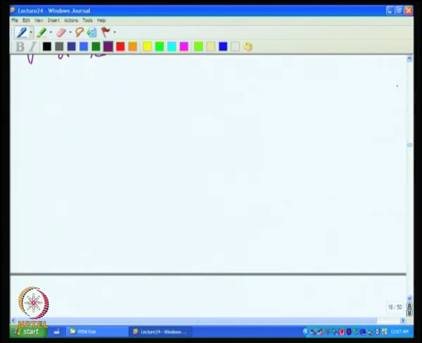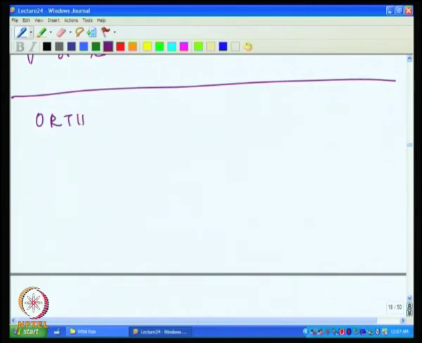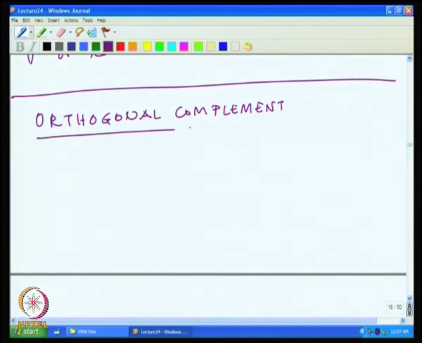We now introduce an important concept called orthogonal complement, and we will see how we use these ideas of extending an orthonormal set to an orthonormal basis. This idea of orthogonal complement is essentially to extend the Pythagorean geometry in 2 dimensions to this general setup of R k.